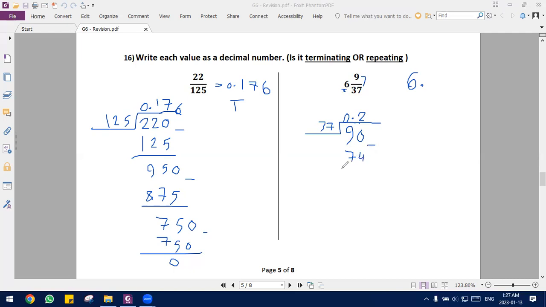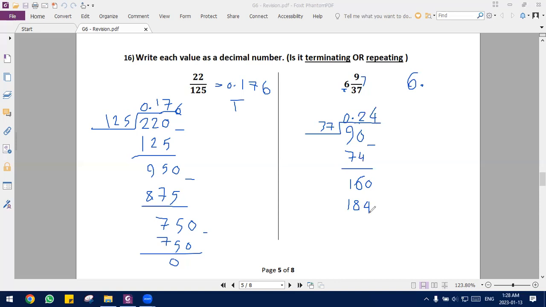We subtract, the remaining is 16. Now we add another 0 here. 160 divided by 37 is 4. 4 times 37 is 148.